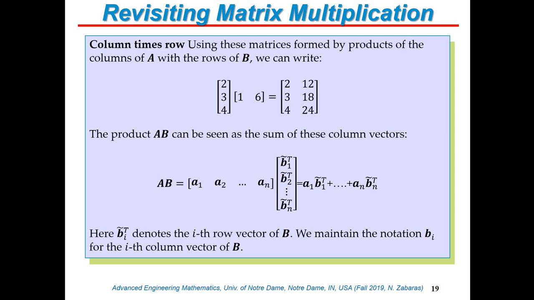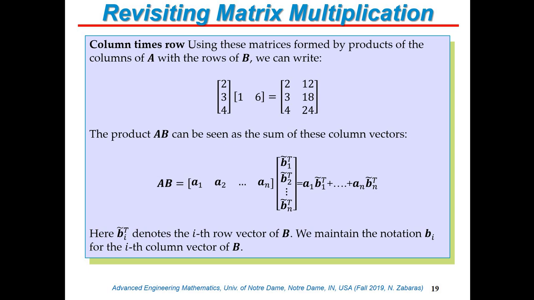This representation, and generalizations of it, will be very fundamental later on in the course in writing matrices in terms of rank 1 matrices. And we will do this not just for square matrices the way we have here, but for any sort of matrices using a similar idea. So this is a very nice representation of the product A times B.